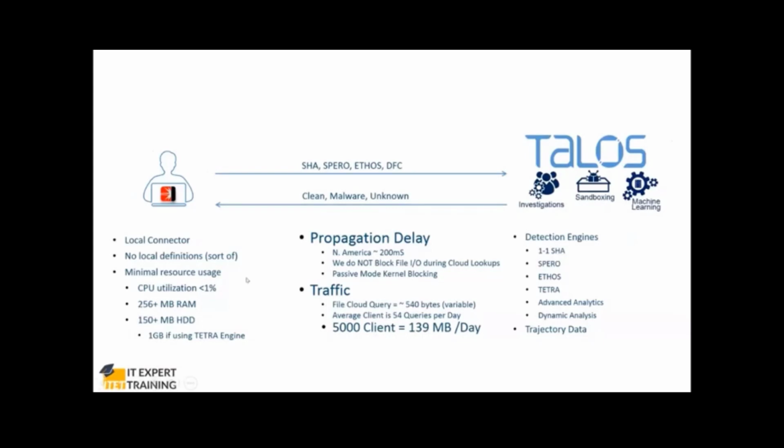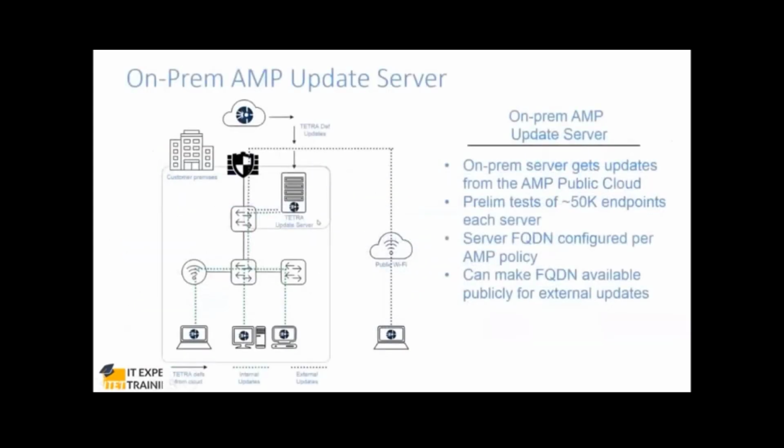In that case, there is another deployment with on-prem AMP update servers. All your endpoints and network devices which have AMP services will go to the local update servers or local AMP servers.